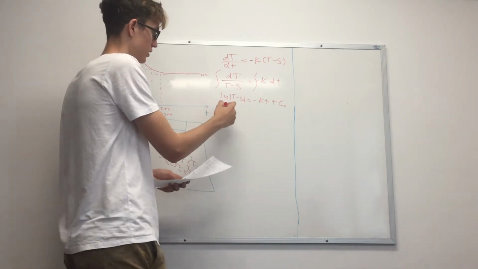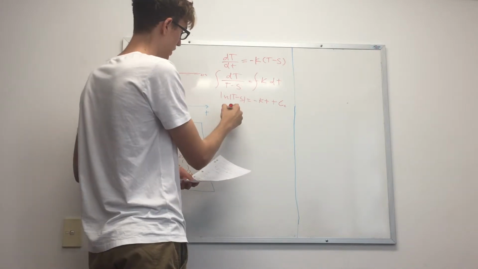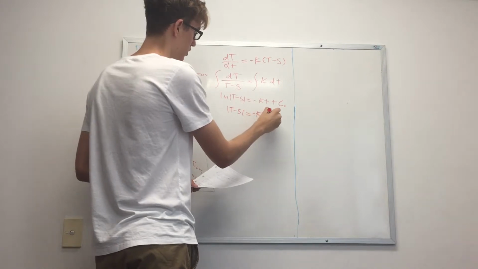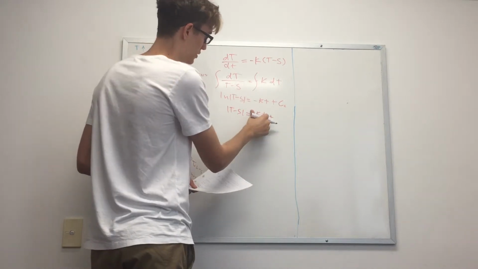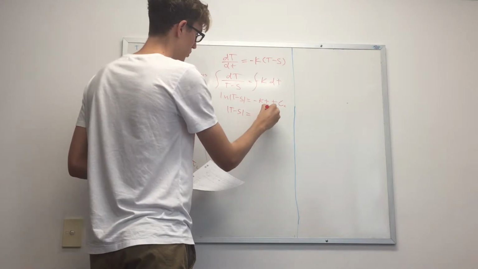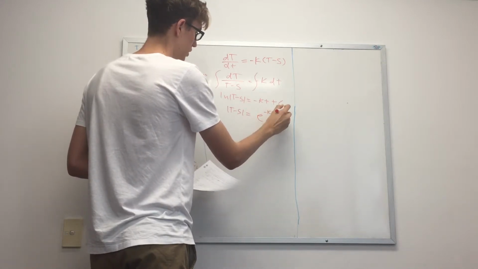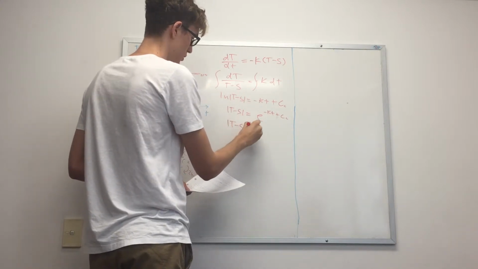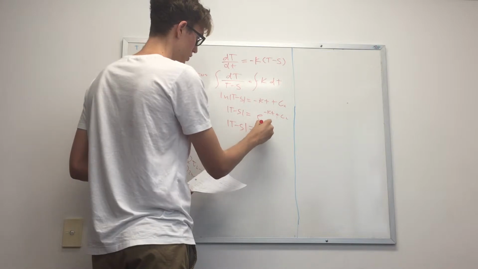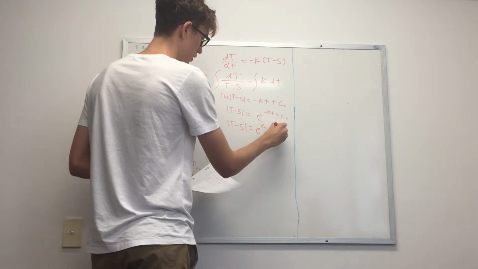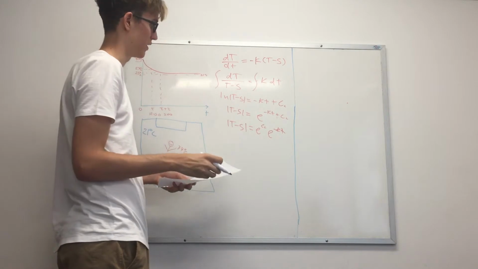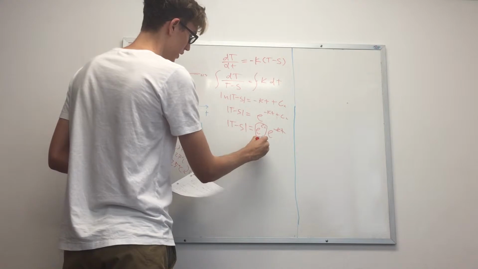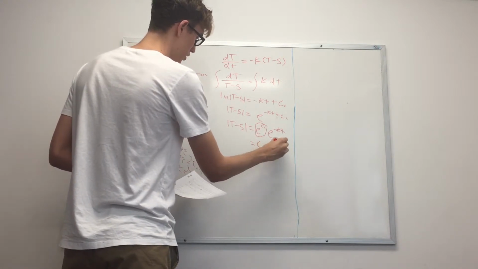So then we can take the exponent of both sides to get the absolute value of T minus S is equal to e to the power of negative kt plus c, so the absolute value of T minus S is equal to e to the c, e to the negative kt. And then we can make this section here into a new constant. There's no variables in it, so that's C e to the negative kt.